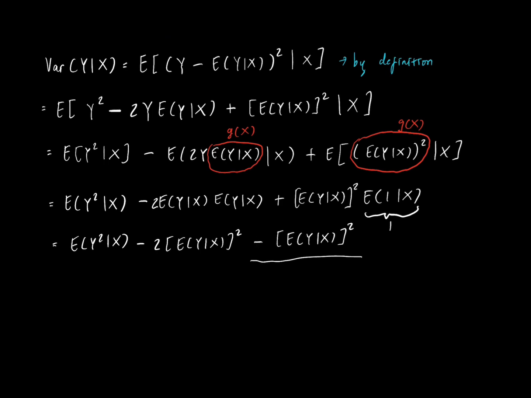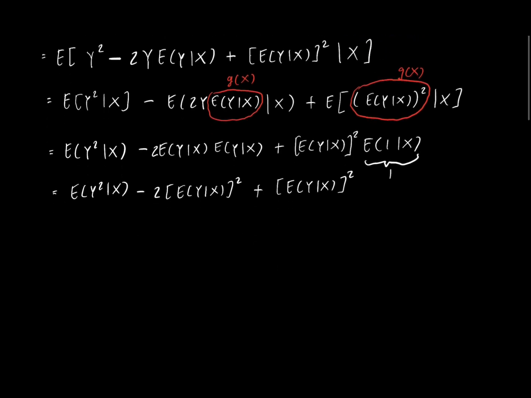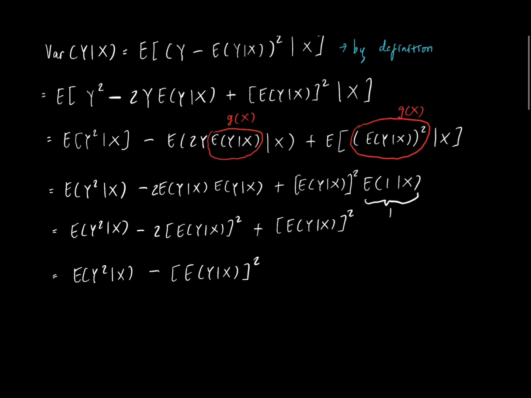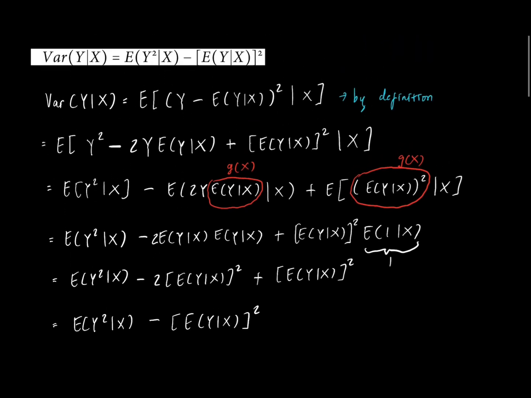All right, so minus 2 E of y given x whole squared plus E of y given x whole squared will just be, we're almost done here, minus E of y given x whole squared. And that is this equation.